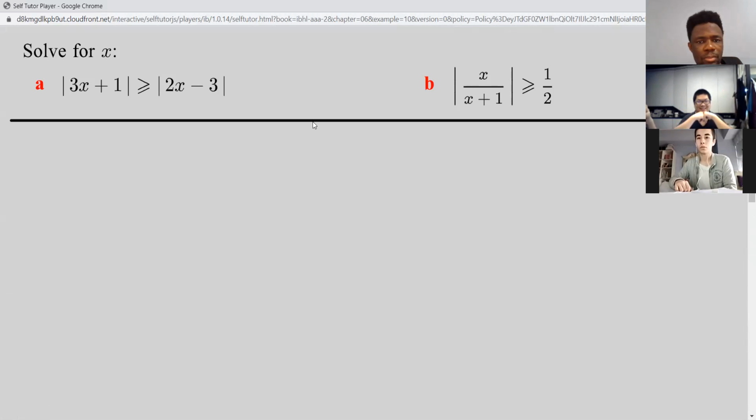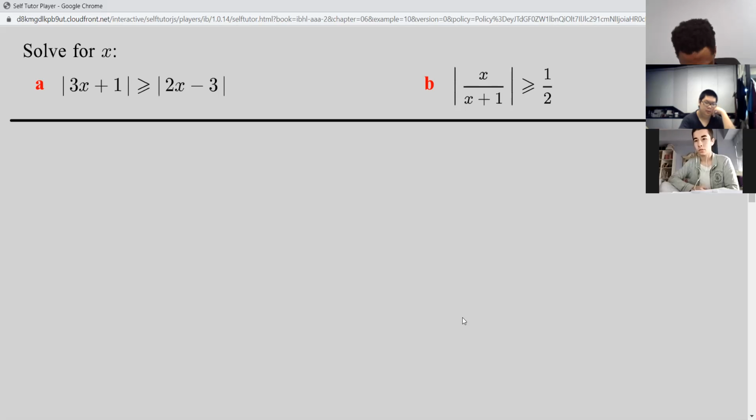Modulus inequalities need to be solved with care because we need to consider several things at once. If we know that both sides of a modulus inequality are non-negative, we can square both sides. It is vital that we know both sides are non-negative, because if we multiply both sides of an inequality by a negative, we would need to reverse the inequality.